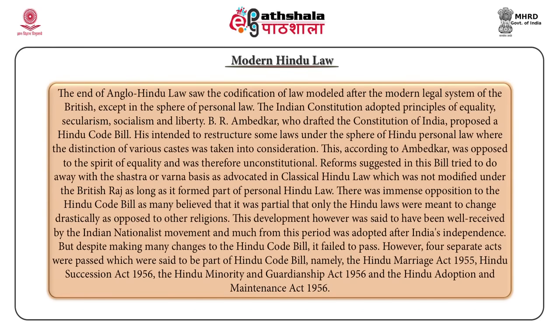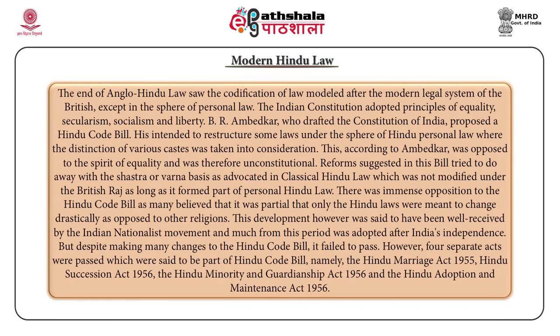There was immense opposition to the Hindu Code Bill, as many believed that it was partial, that only the Hindu laws were meant to change drastically as opposed to other religions. This development, however, was said to have been well received by the Indian nationalist movement, and much from this period was adopted after India's independence. But despite making many changes to the Hindu Code Bill, it failed to pass.